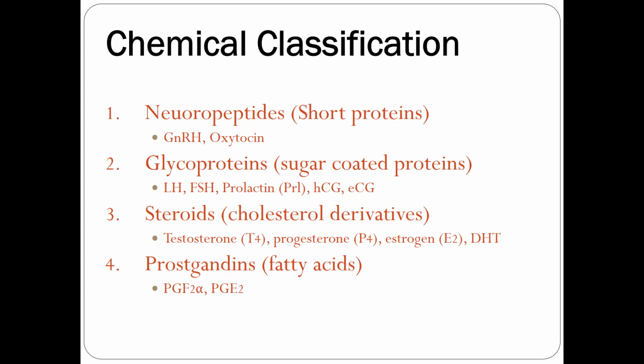And so the last category is going to be prostaglandins. And prostaglandins are chemical compounds that are basically fatty acids. And so examples of those are going to be prostaglandin F2 alpha and prostaglandin E2 alpha.